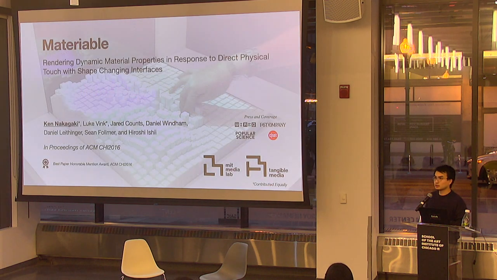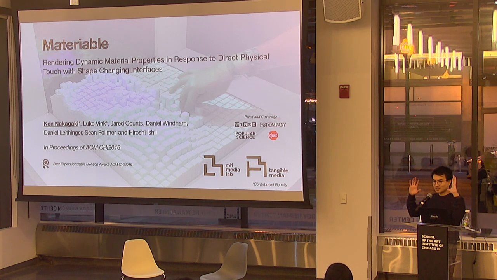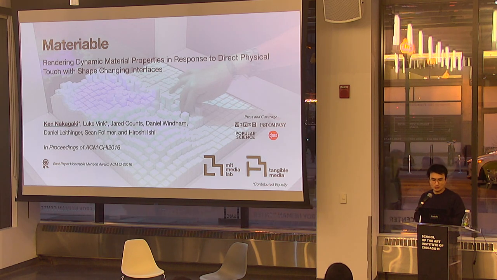So, joining the Media Lab and seeing that massive shape-changing display, which is composed of linear motors moving up and down, compressed into shape displays, we had these questions: okay, it's cool, you can create different shapes, but how can we go beyond shape?